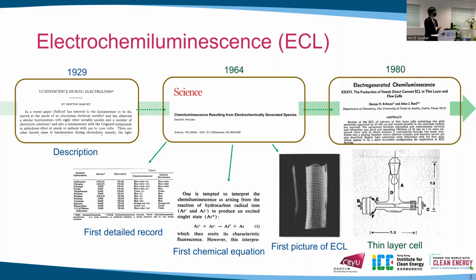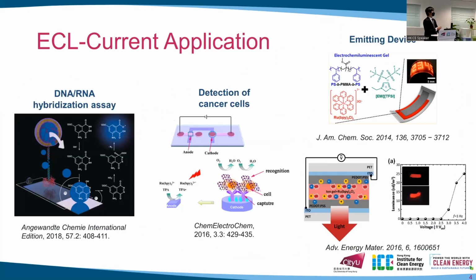And in 1980, the first device was developed by N.J. Park, and its purpose was light emitting. The current application of ECL is focused on DNA and RNA hybridization assays, and also the detection of cancer cells.